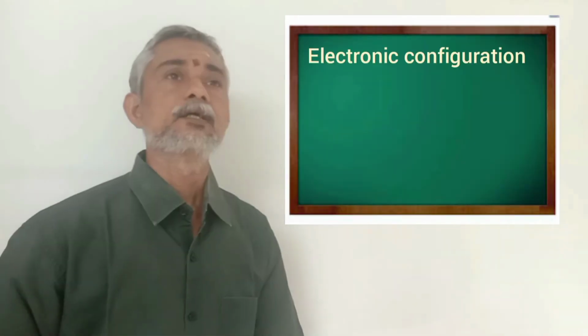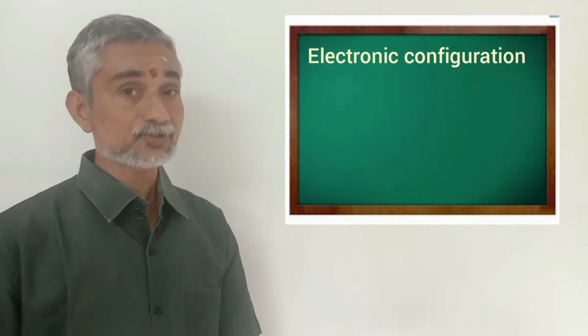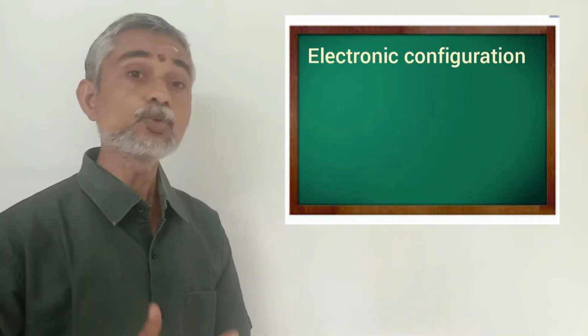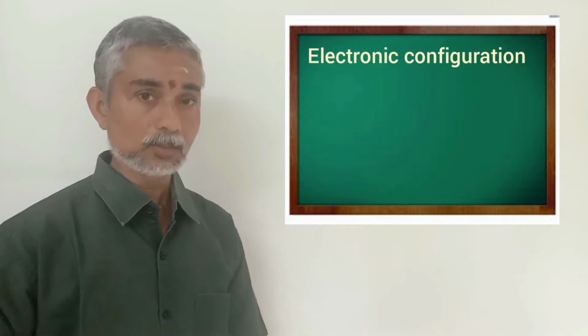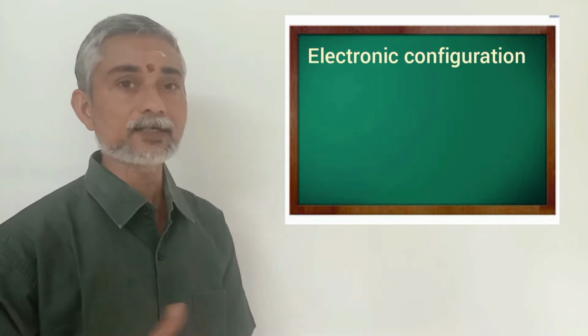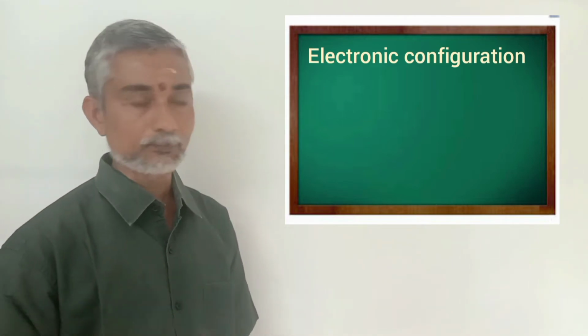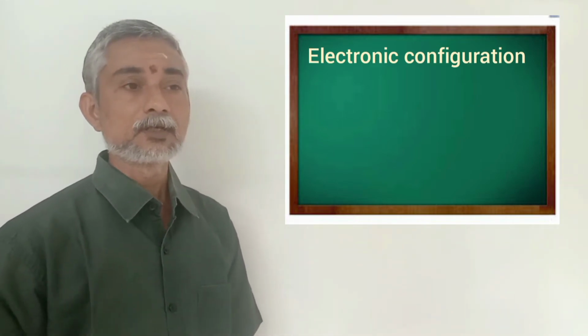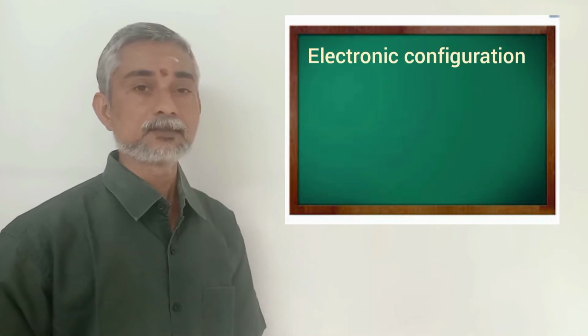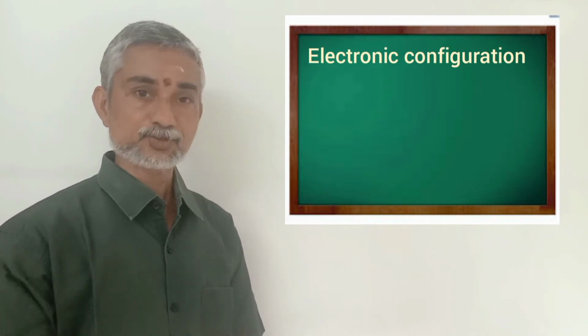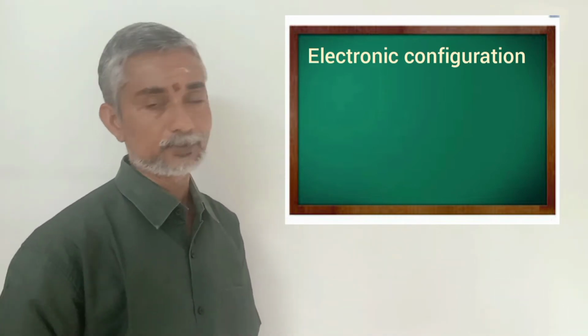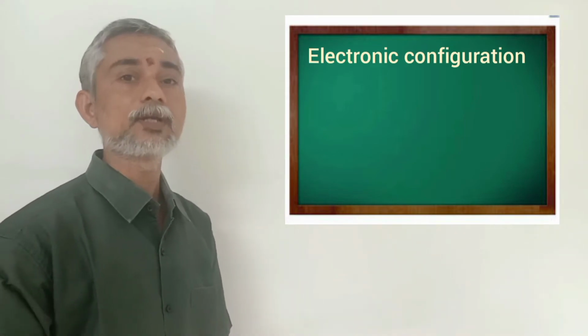Now see, while writing the electronic configuration, two elements are peculiar, so we have to take care with chromium and copper. Usually in exams, a question is a must: write the electronic configuration of chromium or copper. What is the peculiar thing?